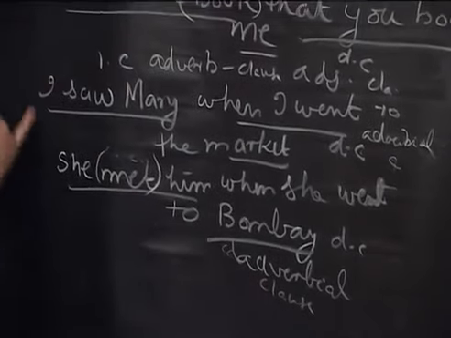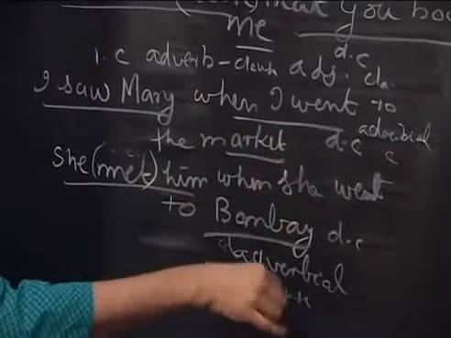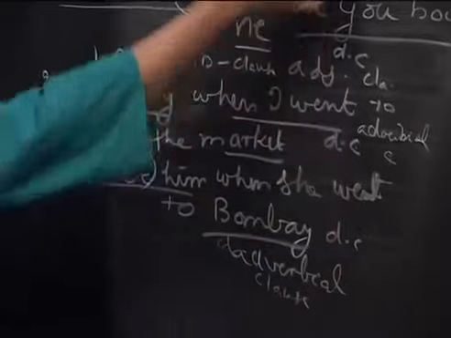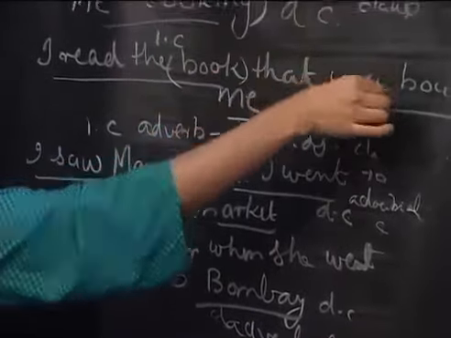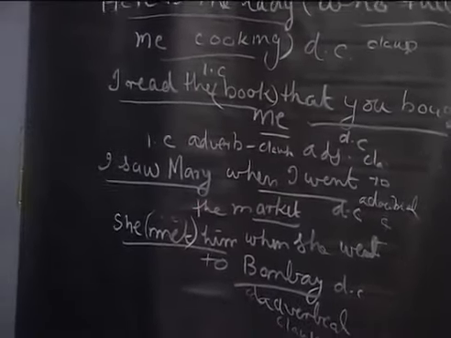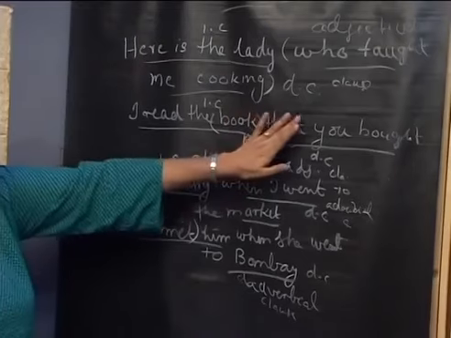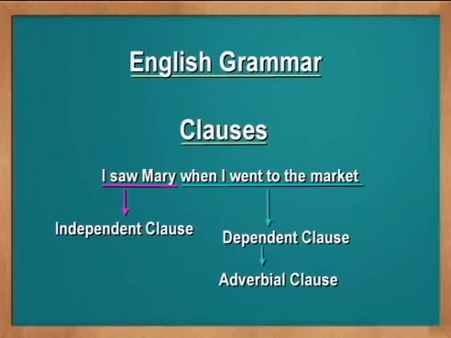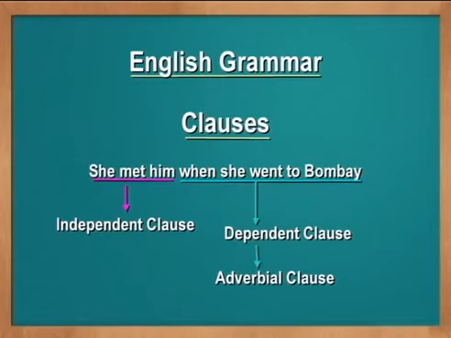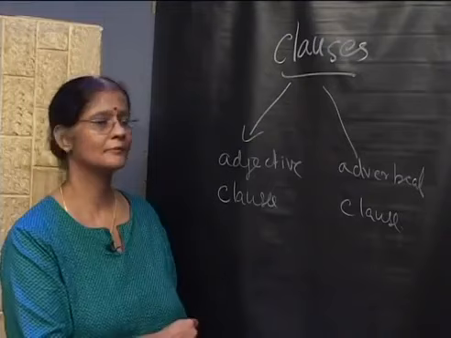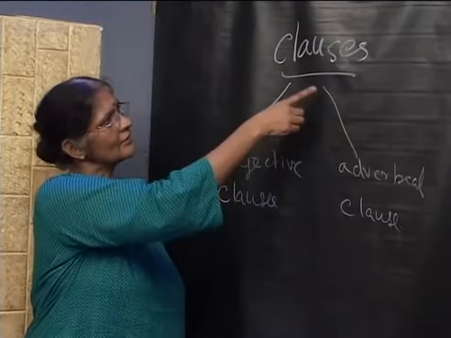So, these two clauses are examples of adverb clauses, while these two clauses are examples of adjective clauses. "Who taught me cooking" and "that you bought me" are adjective clauses. "When I went to the market" and "when she went to Bombay" are adverb clauses. So, let us see this.